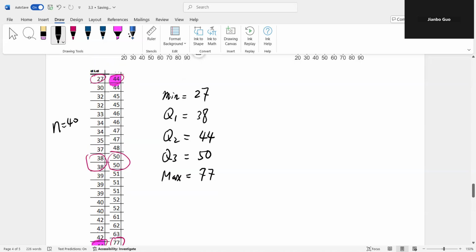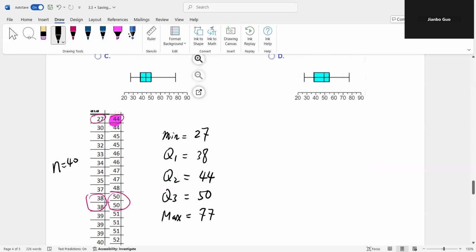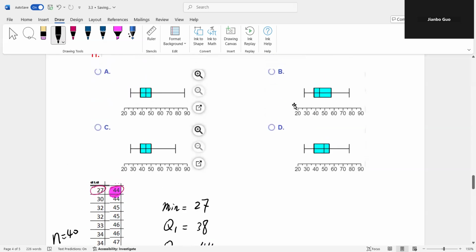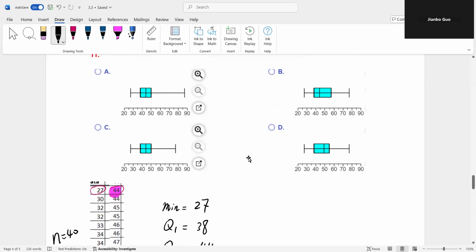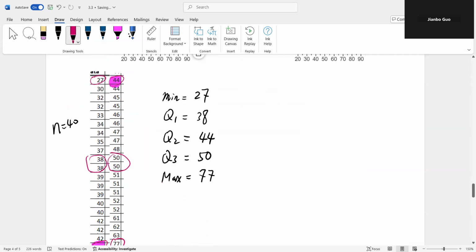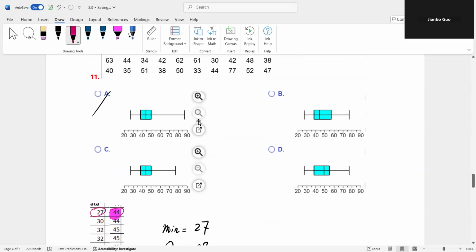So we have our five-number summary, and we're going to look at the 4 answer choices to see which one matches it. We can get rid of A right away because the graph in A does not have the correct maximum. As we can see, the maximum is 77, but in A, the maximum is almost 90.